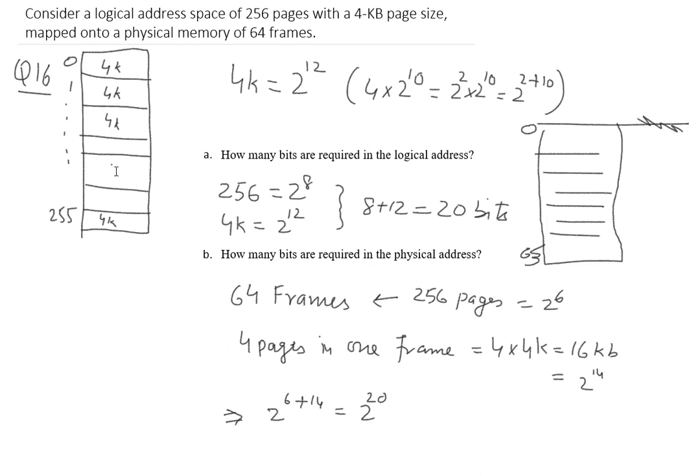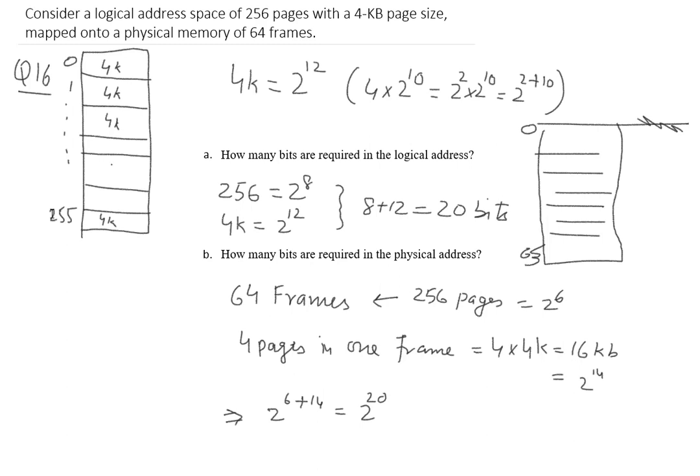So in these 64 frames we have to map 256 pages. 256 divided by 64 gives 4 pages in one frame. That's how we are going to do it.